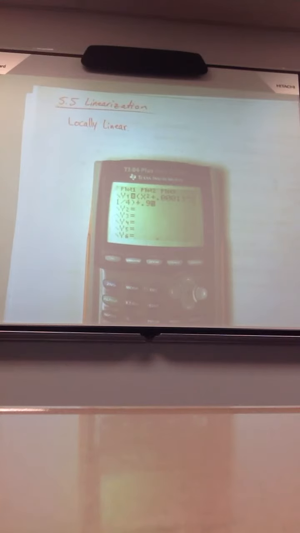Plus 0.9. Is that it? We good? Except, time out. You're going to go zoom. I've never used this one before, but zoom 4. Zoom decimal. Go zoom 4. Plus 0.9.